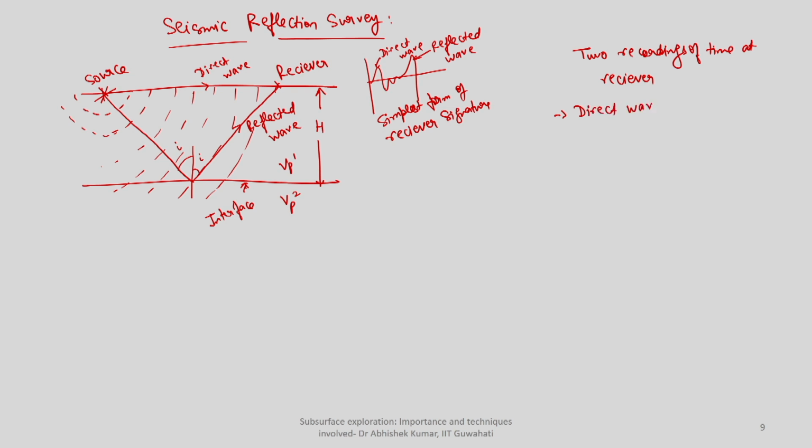So, when your receiver detects the direct wave, the time of arrival will be called T suffix D. Second one is the time of arrival of the reflected wave. That is T suffix R.